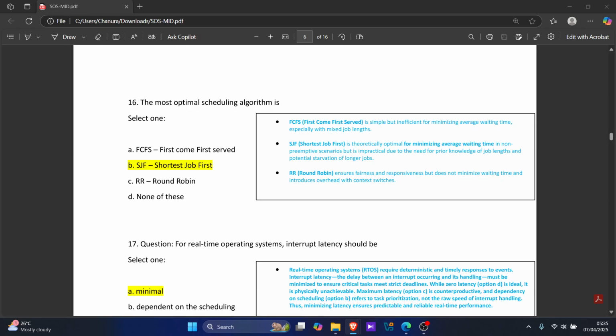Let me check the options again. The options are SJF, which is non-preemptive, or RR, etc. If the question is considering preemptive scheduling, then SRTF would be better, but since it's not listed, the answer is none of these. So in that case, the answer would be D. None of these. But different textbooks might present this differently.